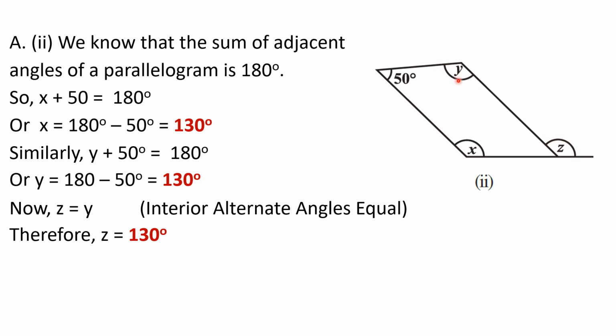Z becomes equal to y. Why? Because these are interior alternate angles, which are equal to each other. So these two parallel lines are being intersected by this line, which is acting like a transversal. So y and z are interior alternate angles and hence equal.